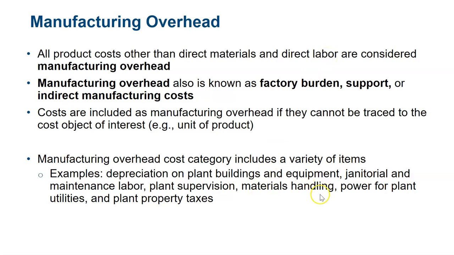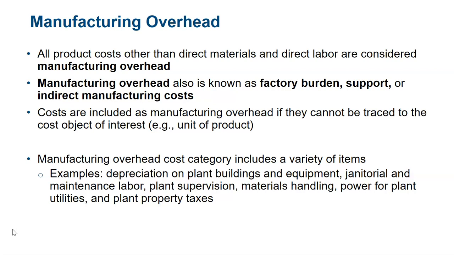Materials handling, moving items from one place to another. Utilities, power for plant utilities. So, we have an electric bill so that we can see what we're doing. Well, we're going to allocate that over the amount of output or the amount of goods that we produce.